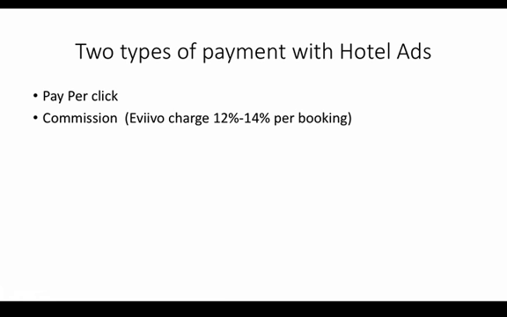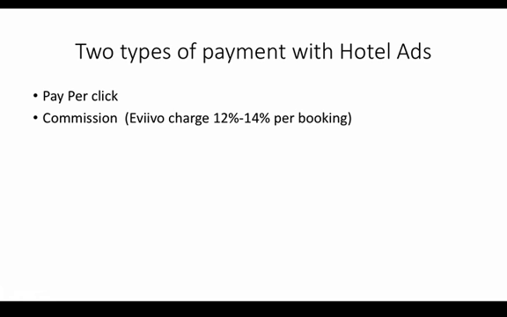Commission is a new thing that they've been trialing for the last couple of months, and anybody who got the Avivo email at the start of the week knows that they are not going to do pay-per-click, they're going to do a commission. Google and Avivo have worked out a rate between themselves where, for example, Google will charge Avivo 10% and Avivo will pocket 2% of every booking that comes in.